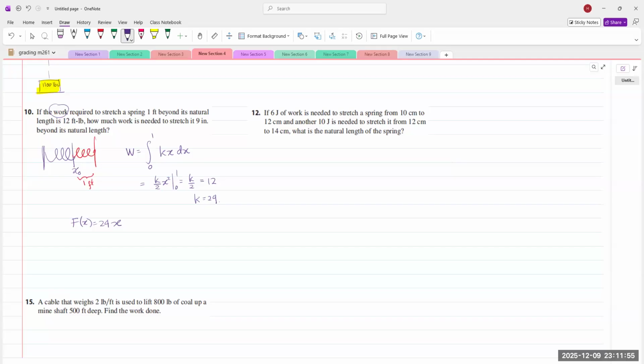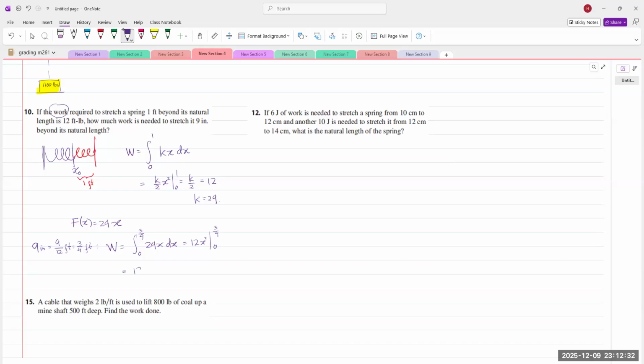And if we need to stretch that by 9 inches, remember 9 inches is 9 over 12 feet. That's 0.75 or 3/4 foot, right? Okay, so the work will be the integral from 0 to 3/4 of 24x dx. This will be, let me just go on, 12x squared from 0 to 3/4.